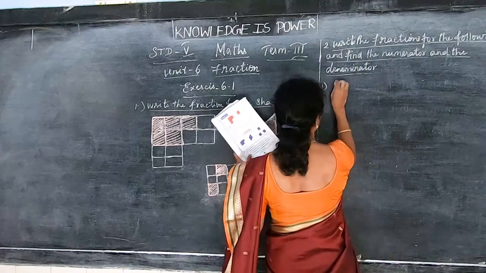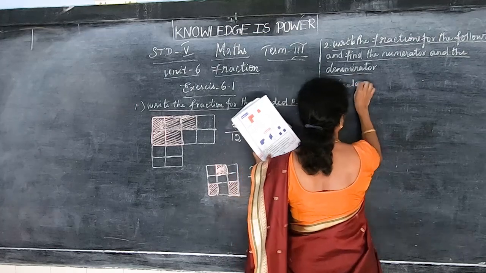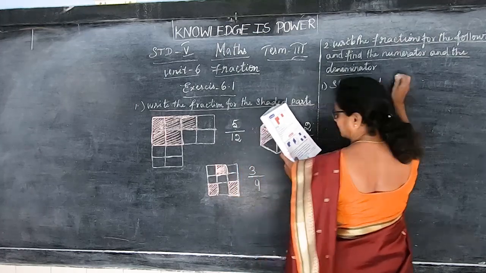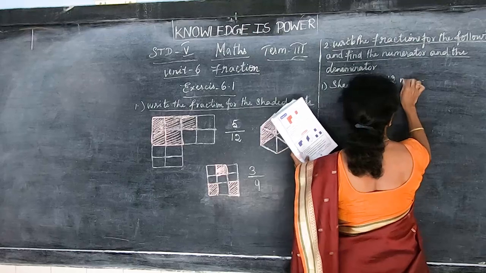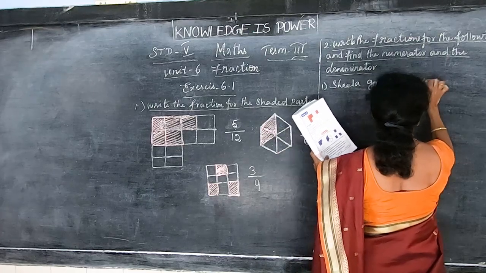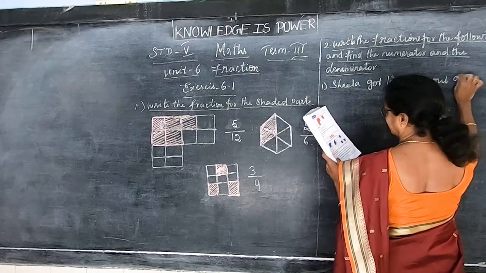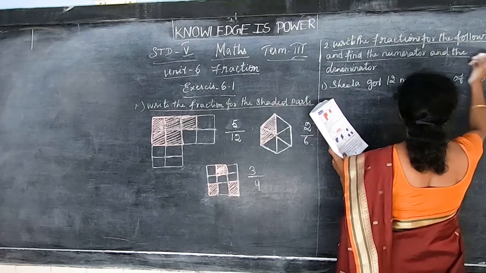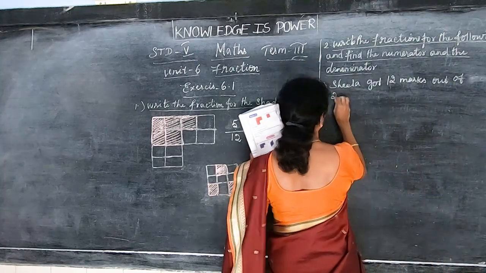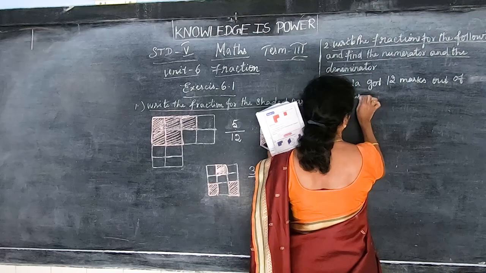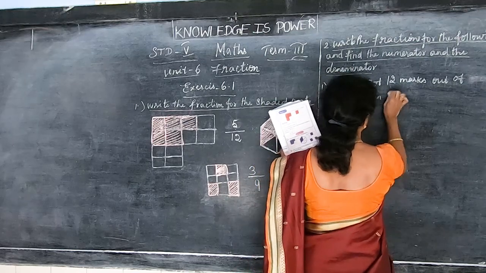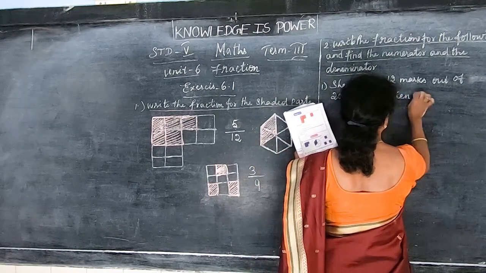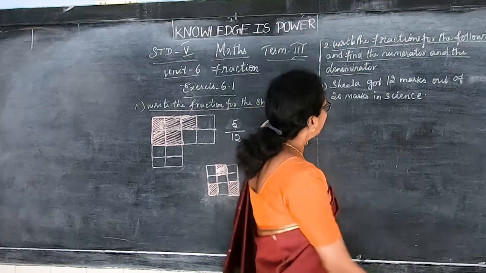First sum, they have given the statement like this: Sheila got 12 marks out of 20 marks in science. For this, we have to write the fraction.